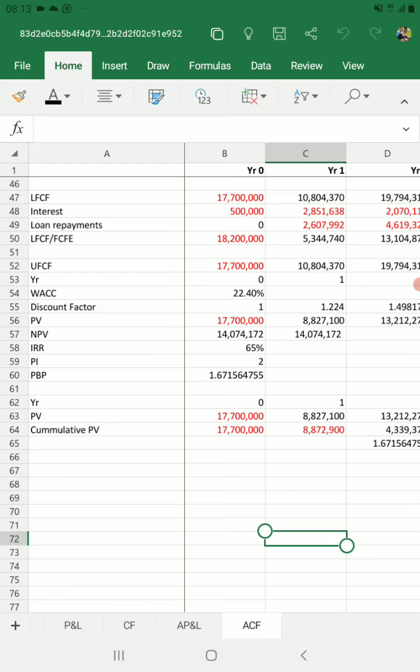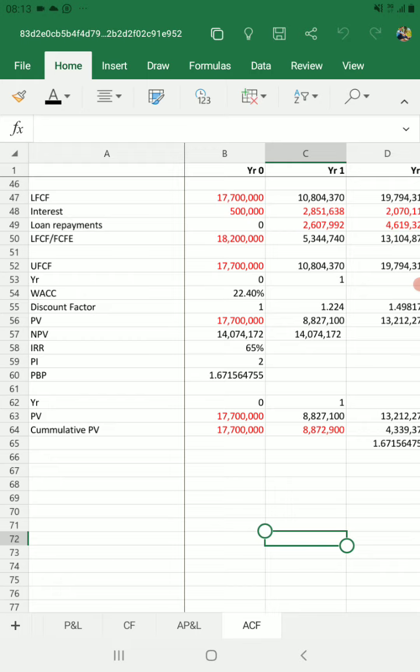Now let us proceed to introduce the new business valuation metrics that have been introduced in order to address the shortcomings that are inherent in traditional business valuation metrics that we have thus far used.